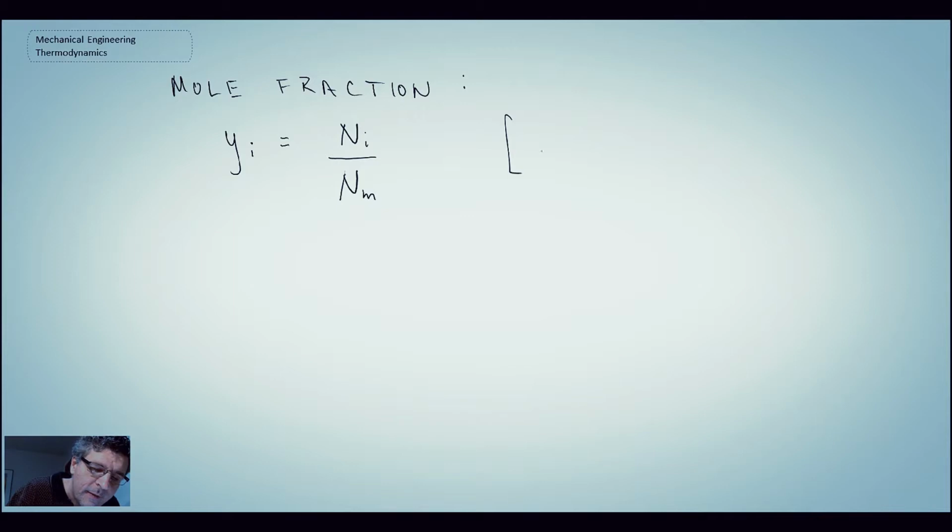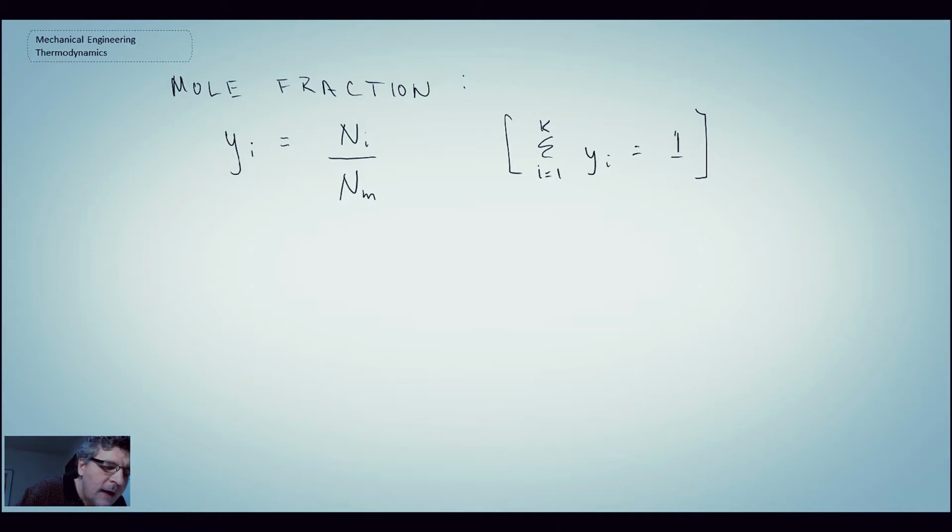And just like for the mass fraction, if we sum up all of the individual mole fractions, they will have to total 1. So we'll be using both mass fraction and mole fraction in evaluating the properties, which we'll get to in today's lecture.